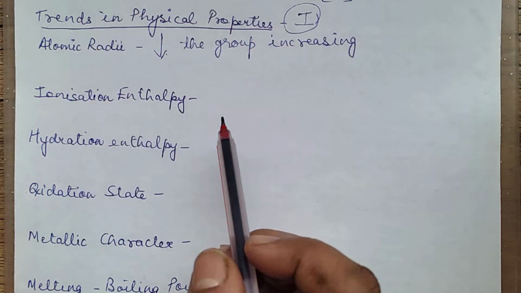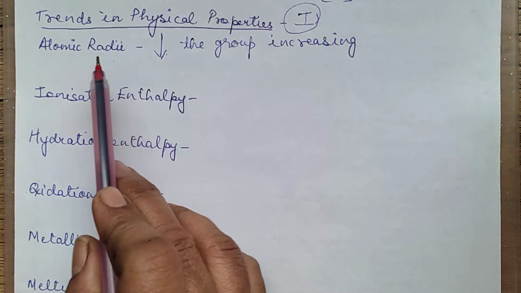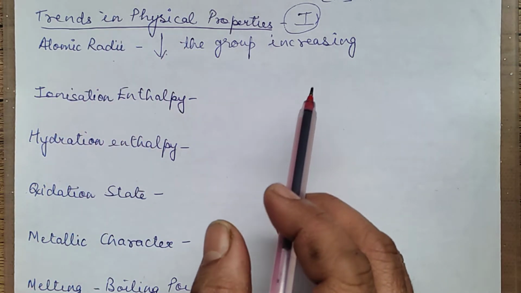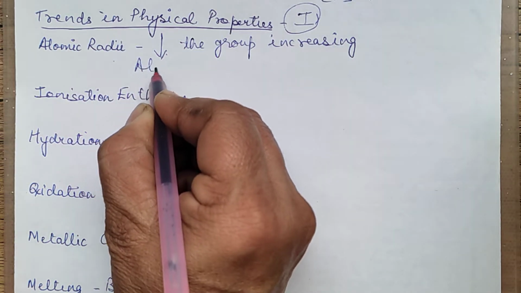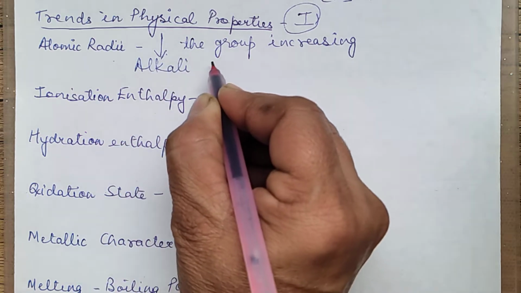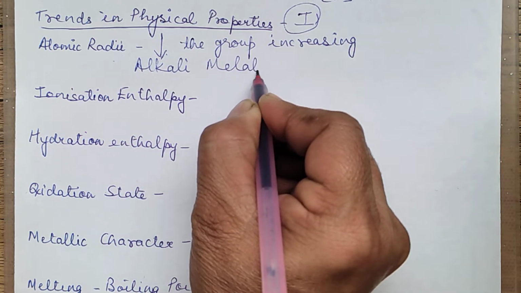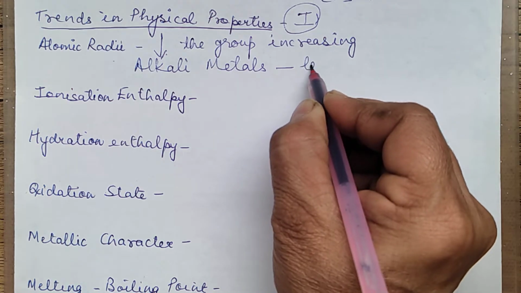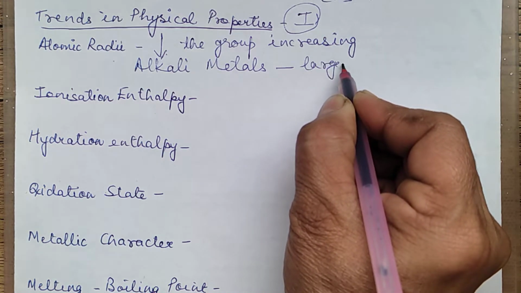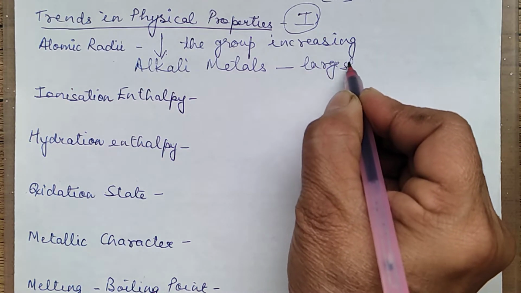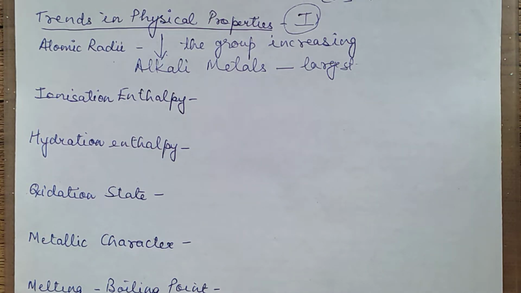And if you compare the size of the alkali metals across the period, then too you will find that the alkali metals in each period are largest in size. I mean, they are quite large. Of course, you can have the noble gases comparatively bigger in size, but alkali metals will have large size because across the period the size decreases.